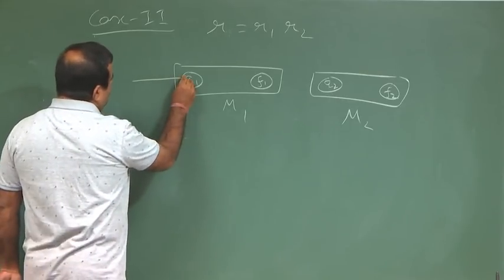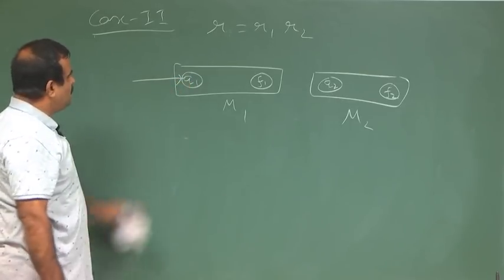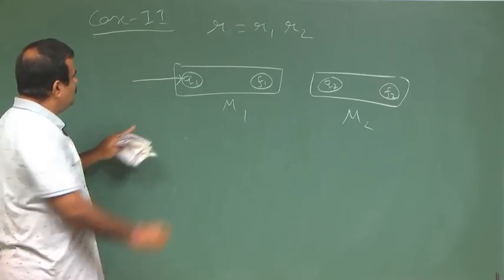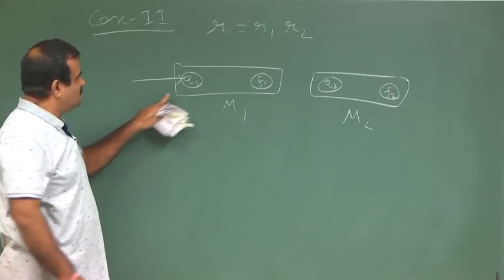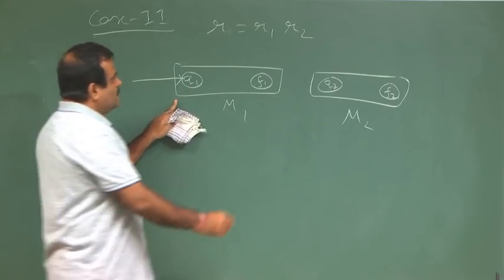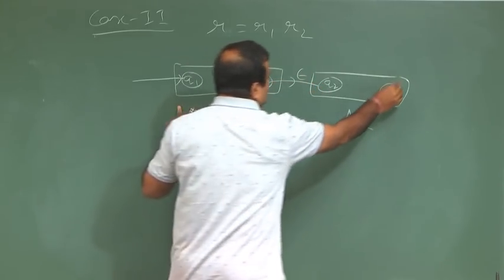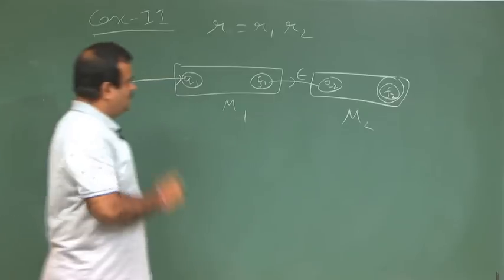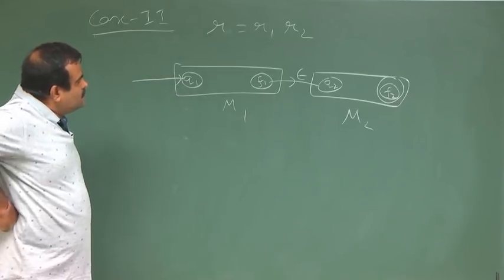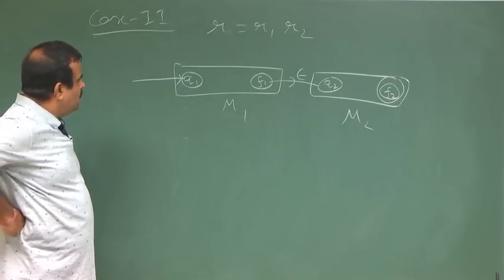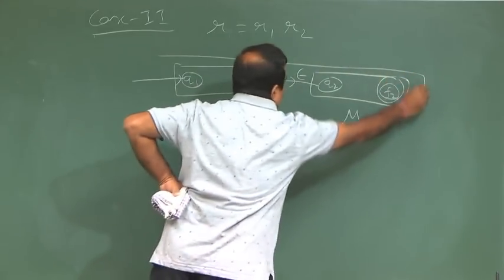Now, how to construct a new epsilon NFA? We take the starting state of M1 as the starting state of M, then we have an epsilon move from here to here, and this is our final state. So, this whole thing is our M.